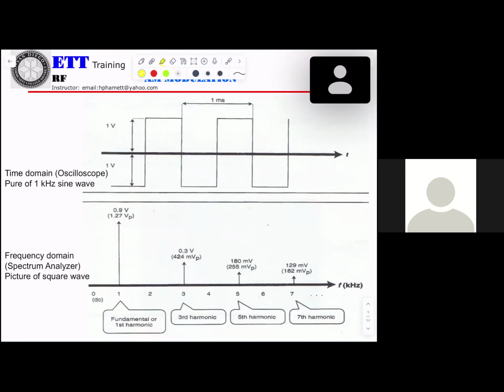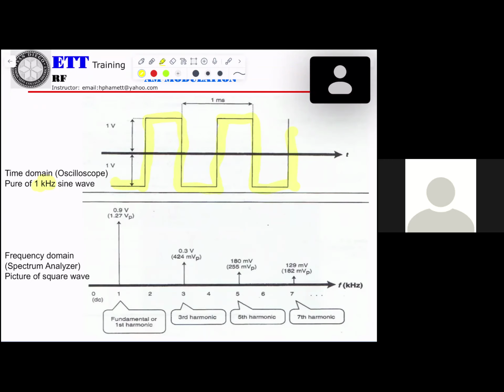Now you can see a square wave displayed here. That's what you will see on the oscilloscope, with a peak-to-peak voltage of 1 volt to minus 1 volt, at 1 kilohertz.